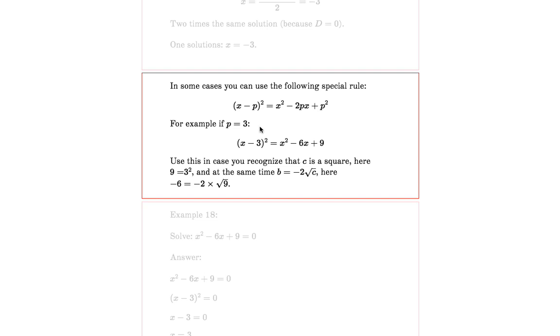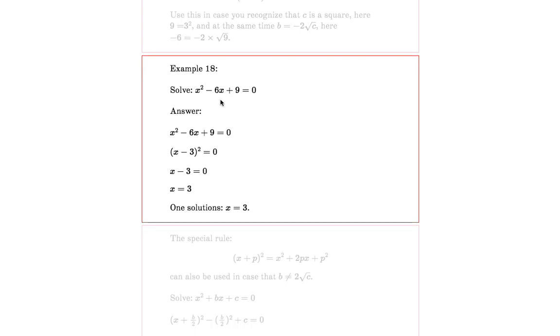There's one other special rule. Instead of the plus, we have a minus p, and then we get a minus here. So (x - 3) squared is x squared minus 6x plus 9. We get a minus instead of a plus here.